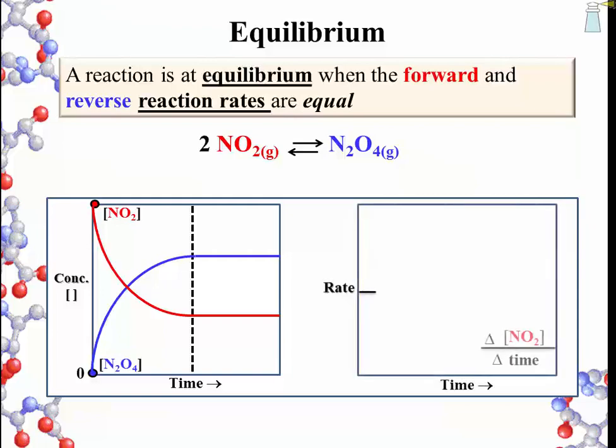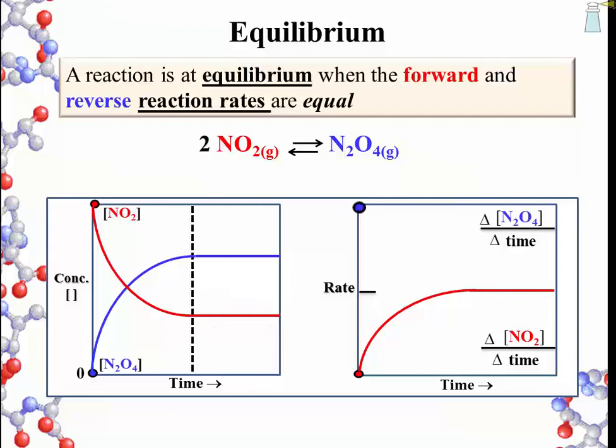The rate of the NO2 starts large and negative, since initially there's a maximum loss of reactant concentration, but it eases as the reactant concentration decreases. When the concentration of NO2 stops changing, so does the rate.